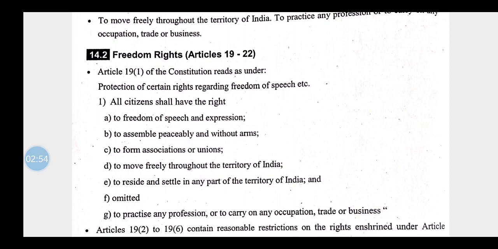The second point. So Article 19(1) of the Constitution reads as below, right?